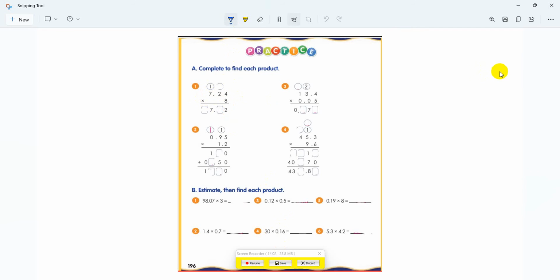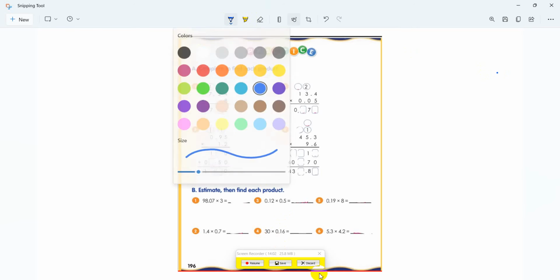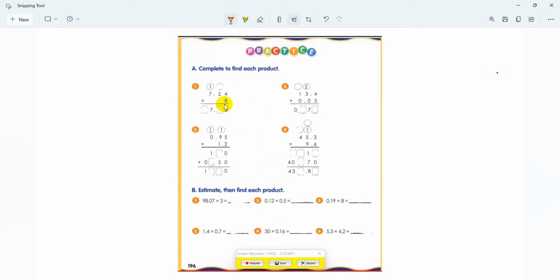So we put 2 here and carry up 3 to this place. Then 8 multiplied by 2 equals 16. 16 plus 3 equals 19. Put 9 and carry up 1.